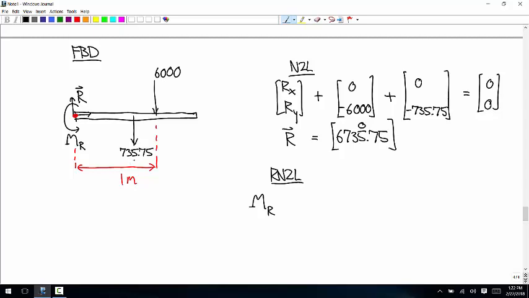What's the moment arm for that? Okay, so I'm going to write this all in here. The moment arm, that's acting right at the midpoint of that beam. So the moment arm is going to be 0.75. The force is 735.75. So I just wrote both of those as positive.